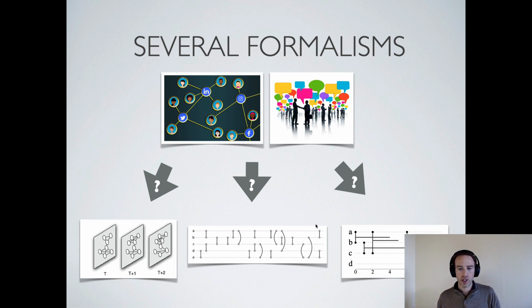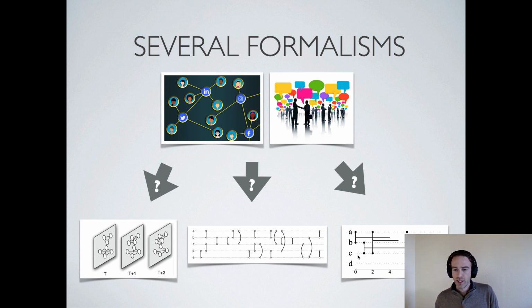Obviously, you can move from one of these representations to the other, either from the original data or from one to the other. So for instance, if I take the one in the middle and I split somewhere, I can aggregate all the interactions occurring during a period into a static graph that will be used as a snapshot.